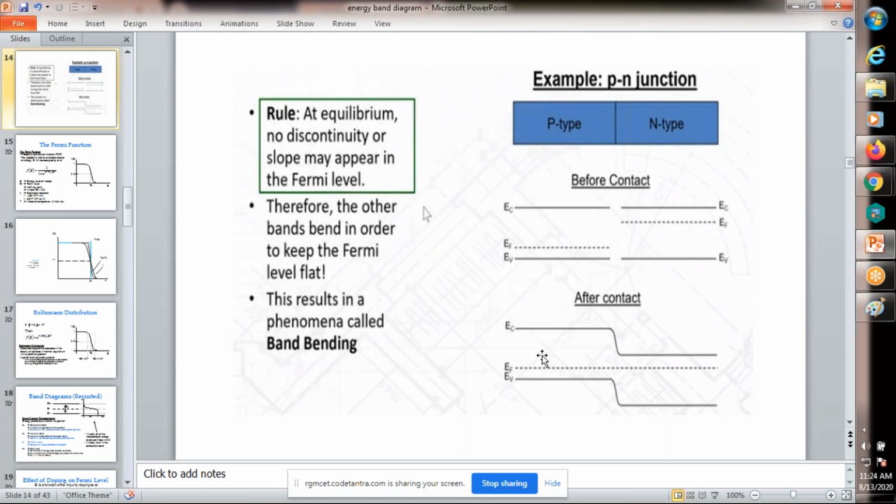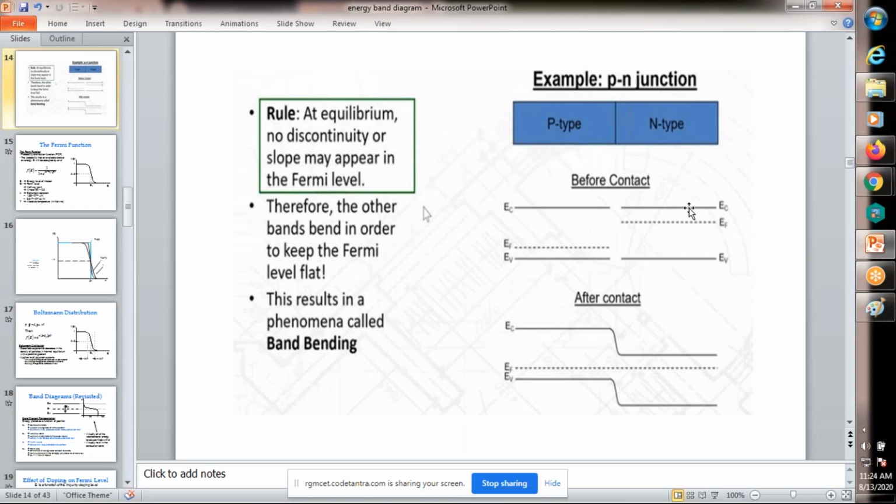Remember this. One more thing: the difference EF minus EV is the same before contact and after contact. Similarly, on the n side the difference EC minus EF is the same after contact as before.